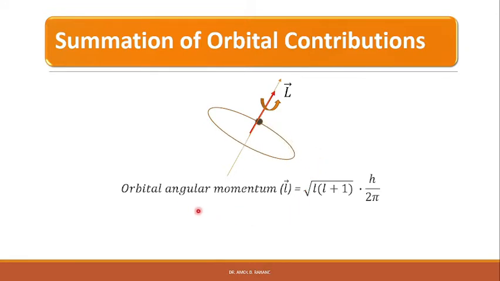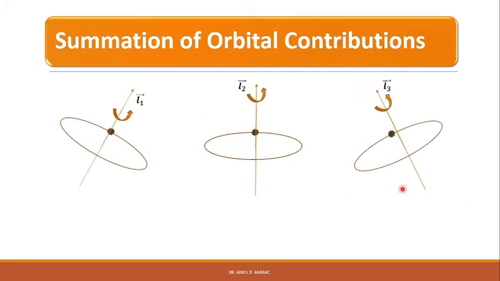The orbital angular momentum is quantized and it is usually expressed in terms of unit h upon 2 pi, where h is Planck's constant.